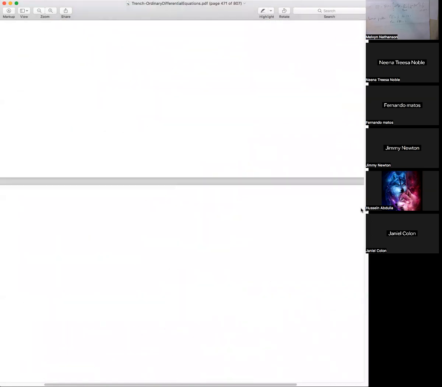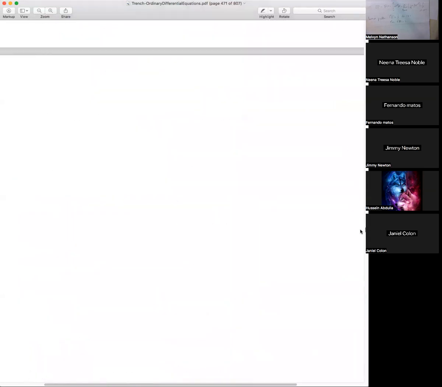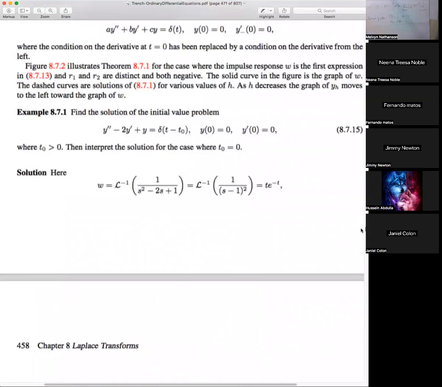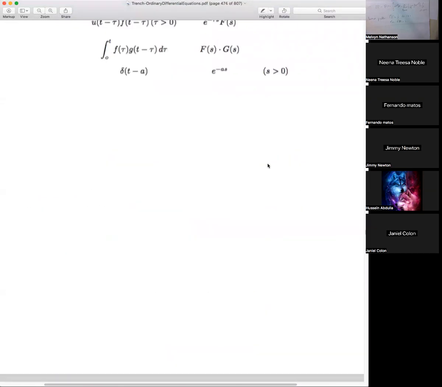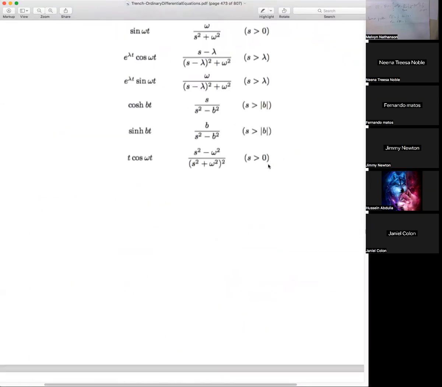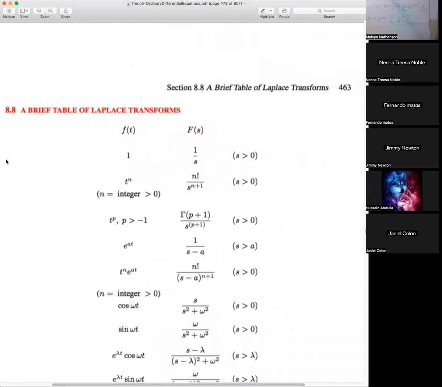Sorry, the end of chapter 8 on Laplace transforms. There it is. So on page 463 of the text, there is a brief table of Laplace transforms.